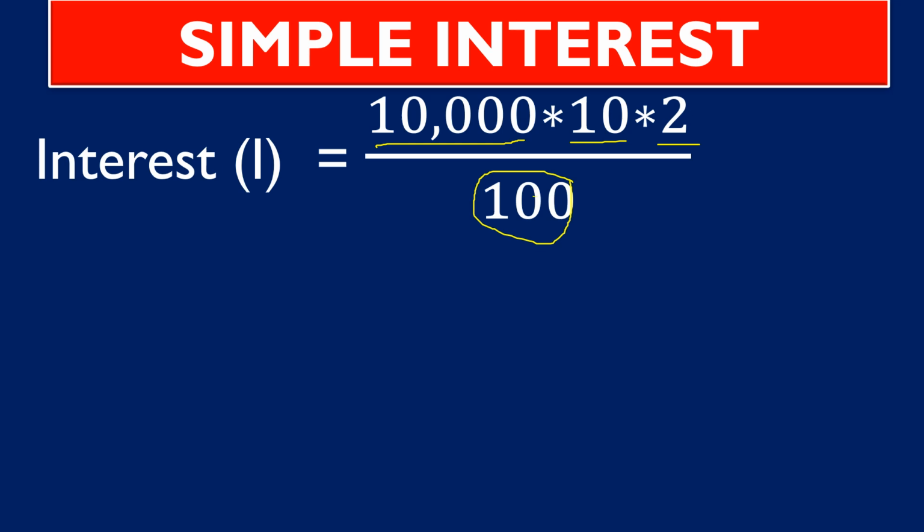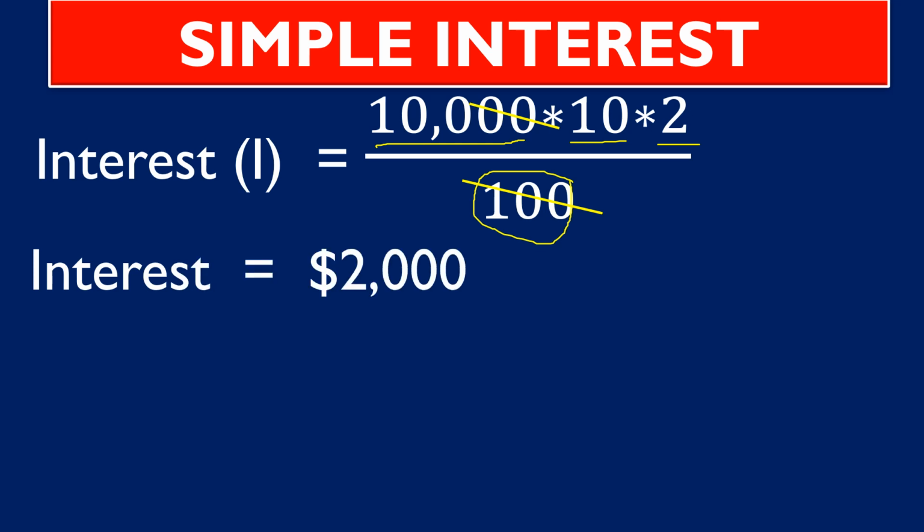When we simplify this, the 100 cancels 2 of the zeros above. So we have 100 times 10 times 2 above. 100 times 10 is 1,000, and then times 2 is 2,000. So therefore our interest is equal to $2,000.